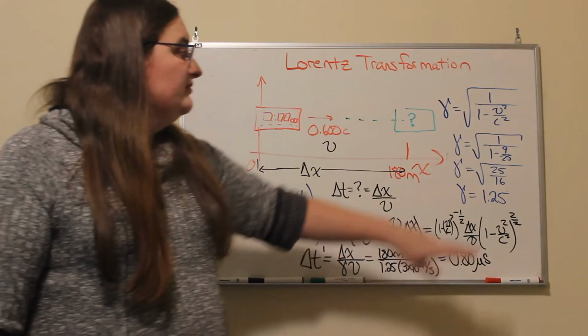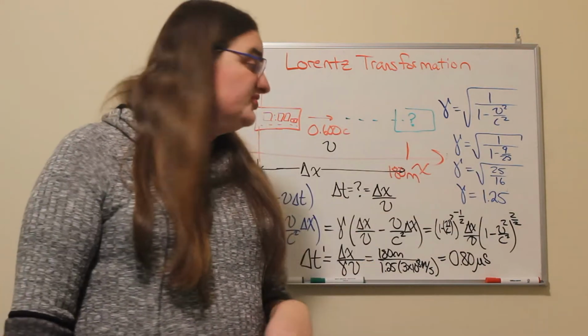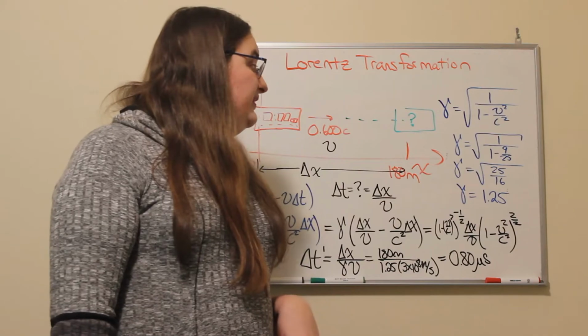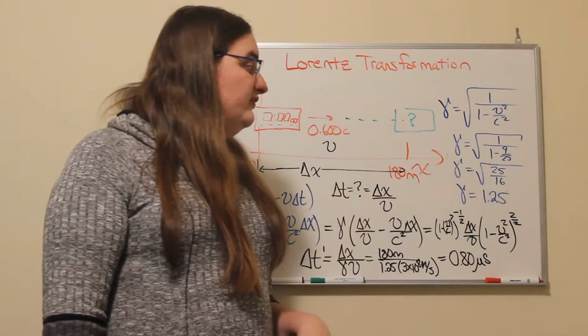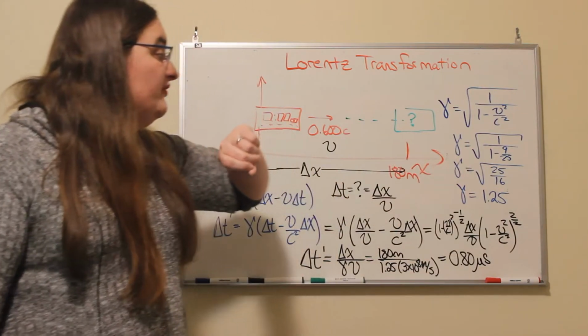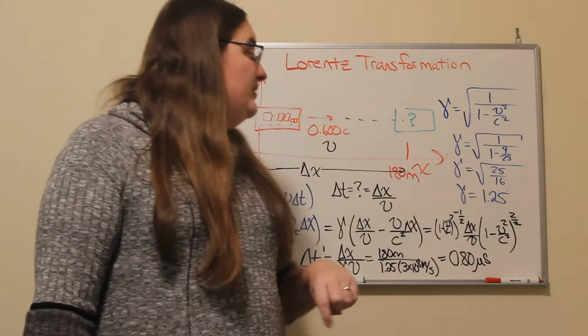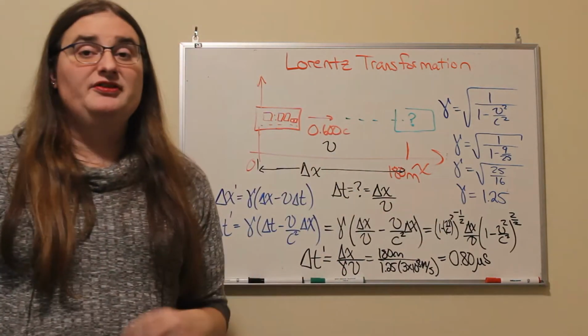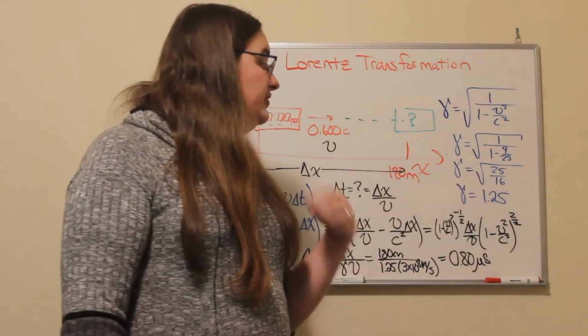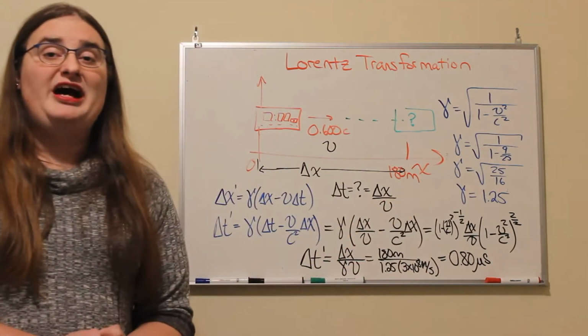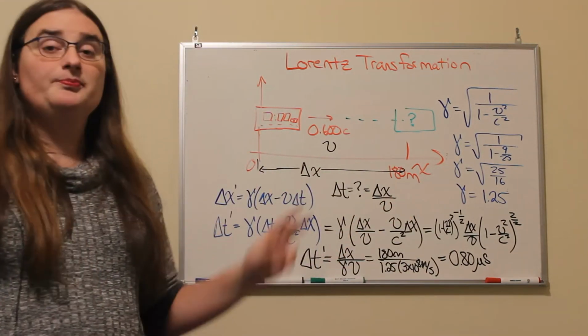If I square that, I get 9/25. So I would get 1 over 16/25, which would be 25/16. So that means for 0.6 times the speed of light, our Lorentz factor is 1.25, or 5/4.